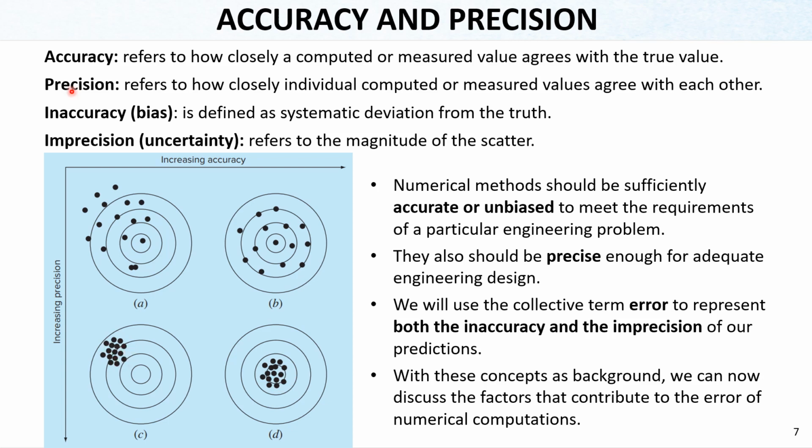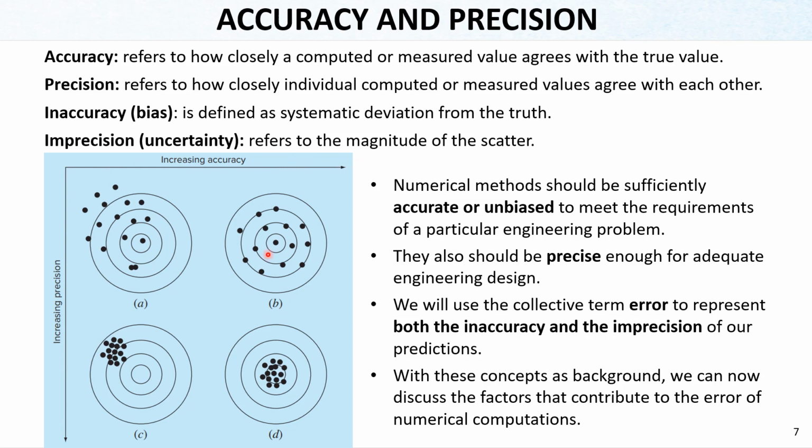They are very close to each other, because precision is the closeness between the predictions. But these are away from the true value, so accuracy is low, but precision is high. And this graph is already showing that: increasing precision in the y-axis towards the bottom, and increasing accuracy to the right.